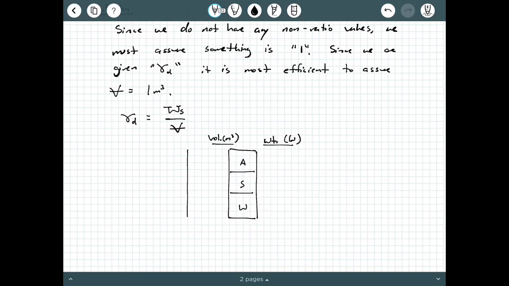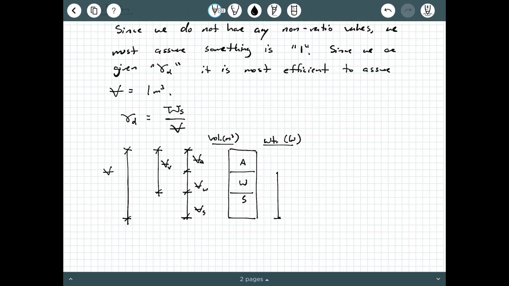And if we have our volume over here, we got, of course, volume of air, volume of solids, volume of, oh man, let's rearrange that. I typically do air, water, solids. I don't know what's gotten into me of flipping these around. Volume of water, volume of solids, and then the air and the water together make up the volume of voids, and then obviously all together we're going to have a total volume, okay?